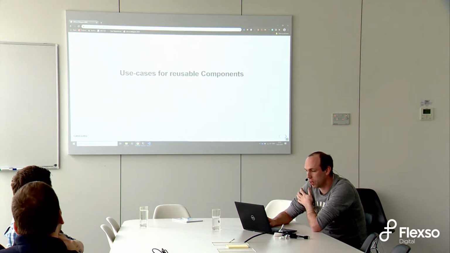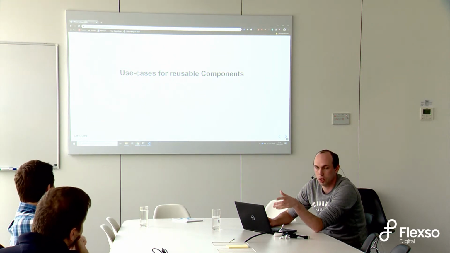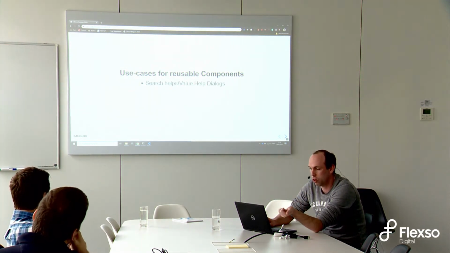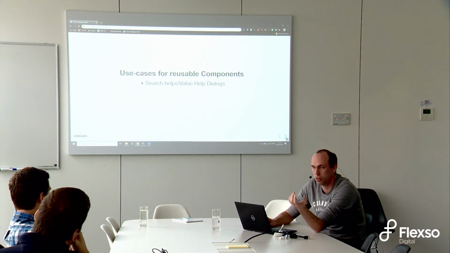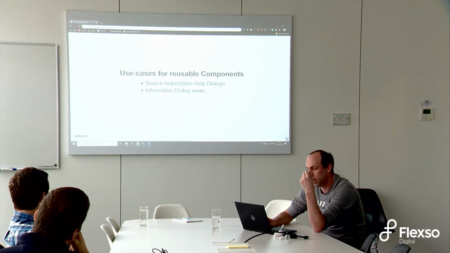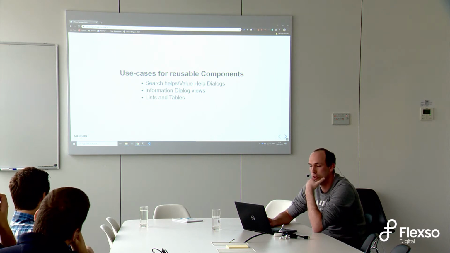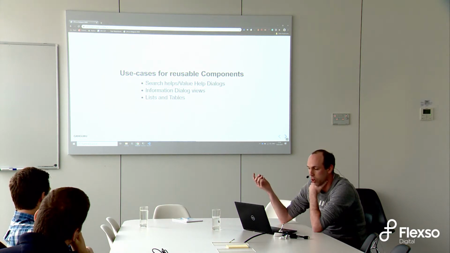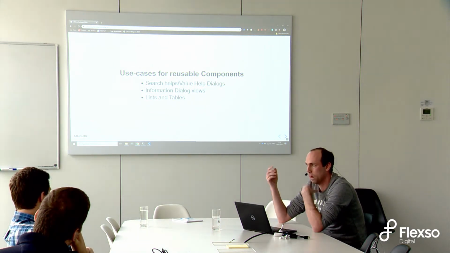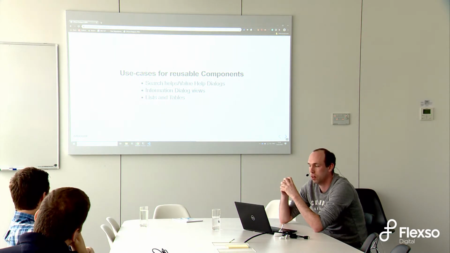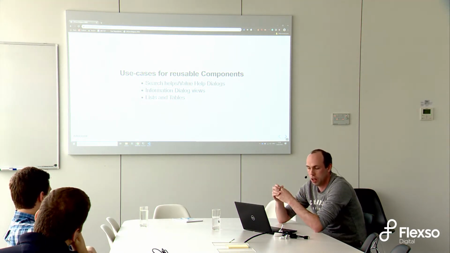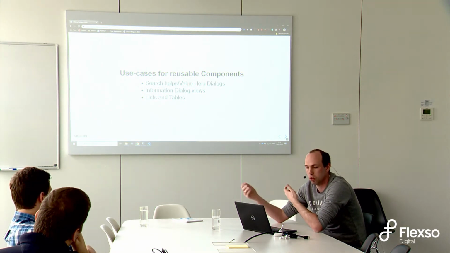What are the typical use cases for reusable components using a control? Search and value helps, for table select, for example. Information dialog views, so a quick view on some link, or lists and tables, which you can reuse in different applications. For example, if you have something with materials and a list with materials, you can use it in a supply, in a purchase order application, or in a sales order application.